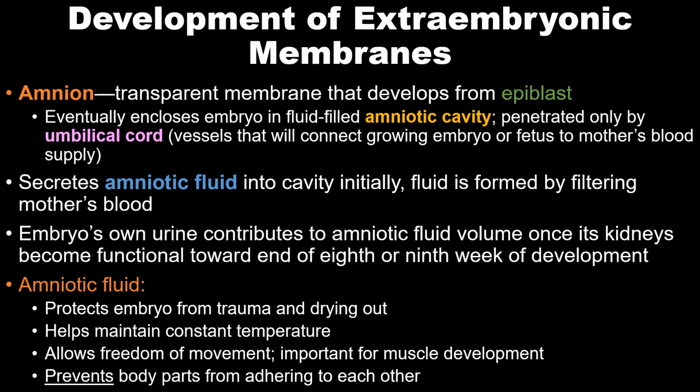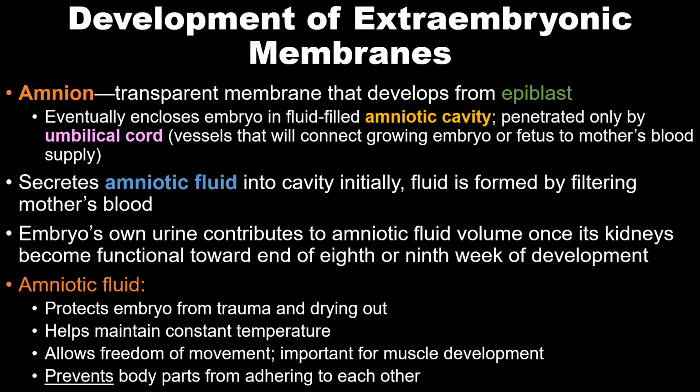And the amnion is going to secrete amniotic fluid into this cavity. And this fluid protects the conceptus from any incoming trauma and helps maintain a constant temperature. This fluid also creates a freedom of movement that is important for symmetrical muscle development, and it prevents any body parts of the conceptus from drying out and adhering to one another during growth.